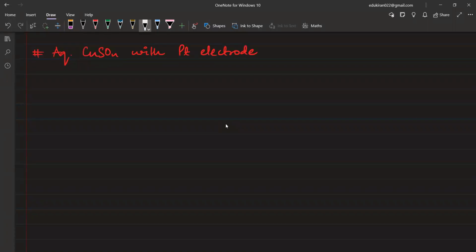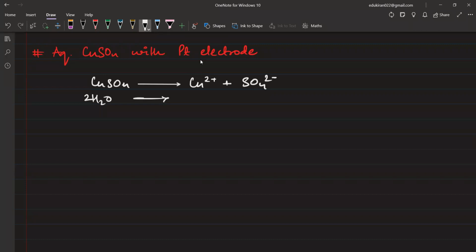Okay, right here. So what are the possible reactions? See, CuSO4. I hope आप लोग अब खुद से कर सकते हैं यहाँ पे. It is going to give you Cu2 plus, SO4 2 negative. Then we have 2 water molecules going to give me 2H plus and 2 OH negative.